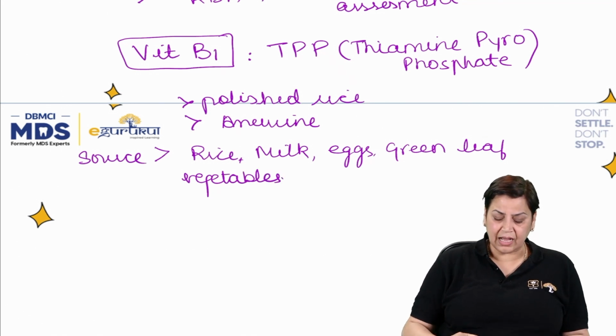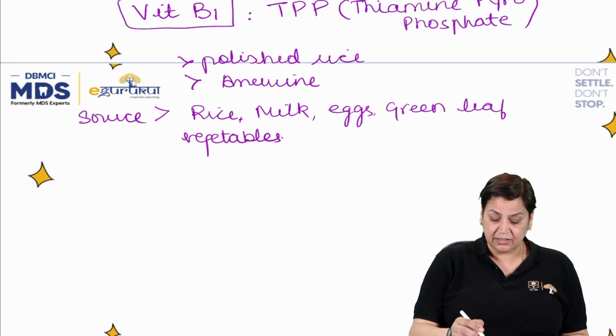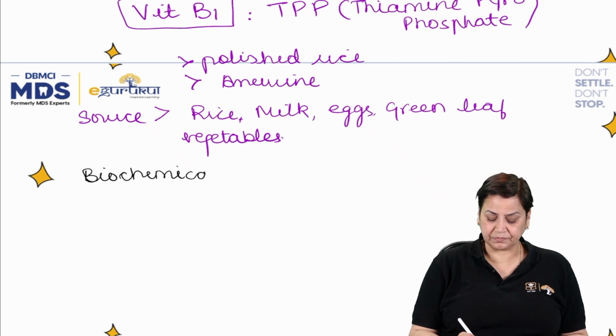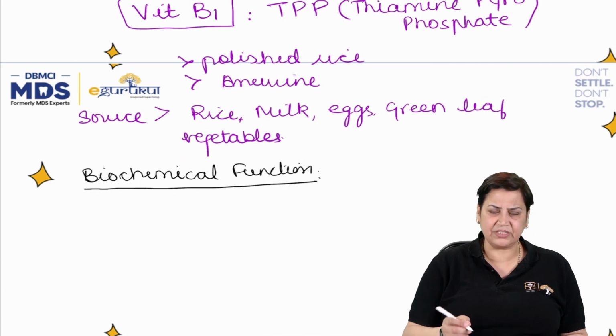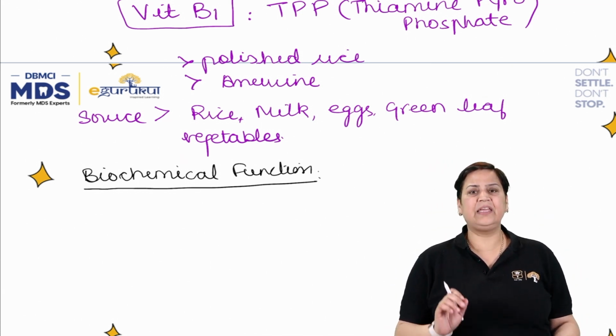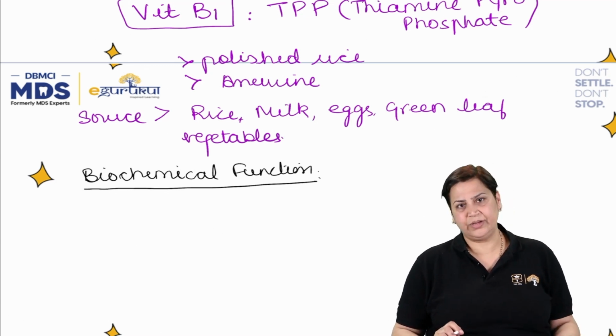Now, what are the biochemical functions of TPP? The most important function, since they act as coenzymes, as I just told you for all the classes, is that they will act as coenzymes.